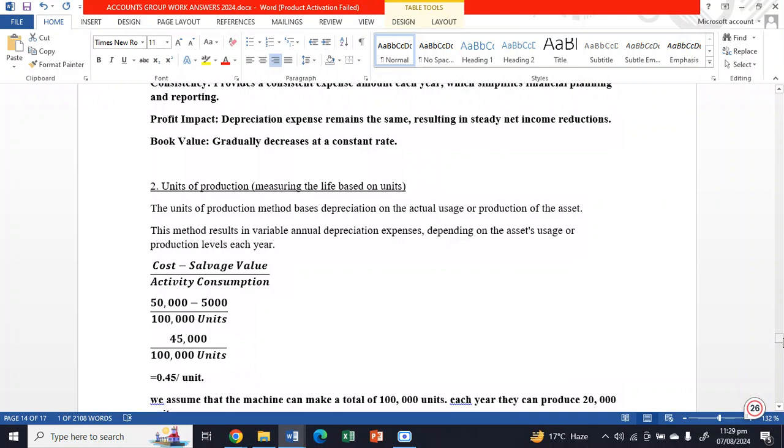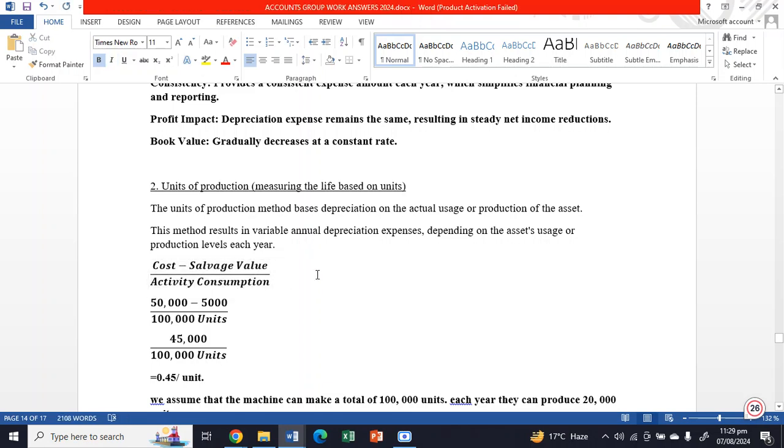Okay, we can use the units of production, where we're measuring the life of the asset based on the number of units it can produce. This is also similar to the straight line method. The only difference is that instead of the useful life, you have the activity consumption.